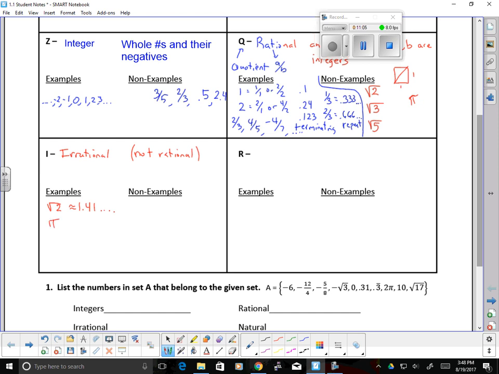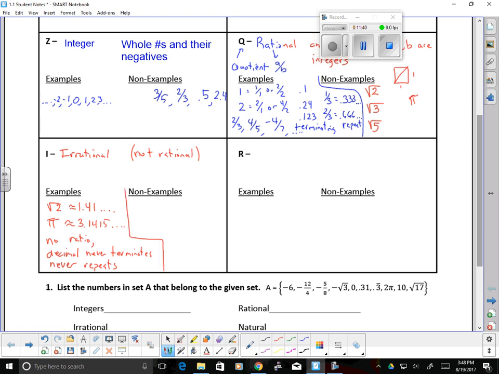If we talk about pi, 3.1415 and so on, these are numbers that have no ratio that represents them, and they have a decimal that never terminates and never repeats. All right, so those are some good examples there.